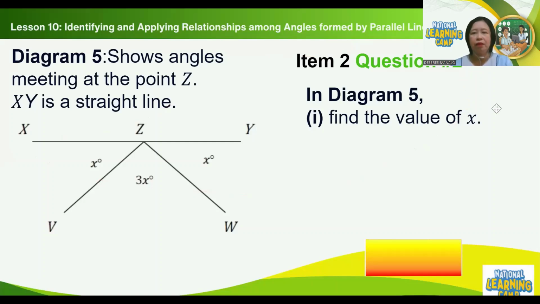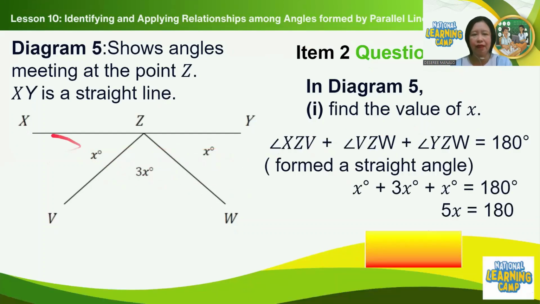In question number 2, in diagram 5, find the value of x. So we have x, 3x, and x. We have angle XZB plus angle VCW and then plus angle YZW.